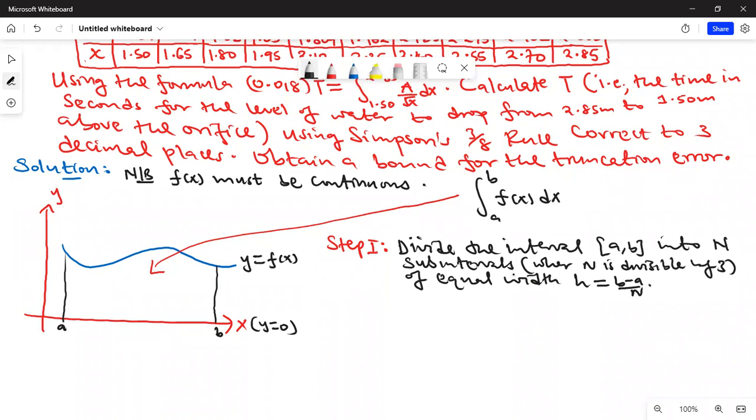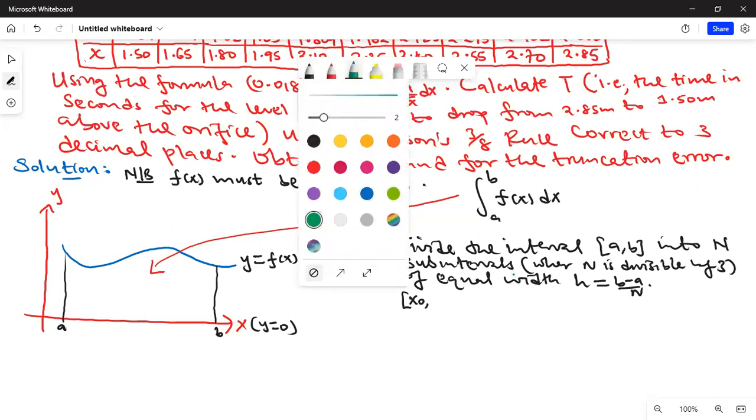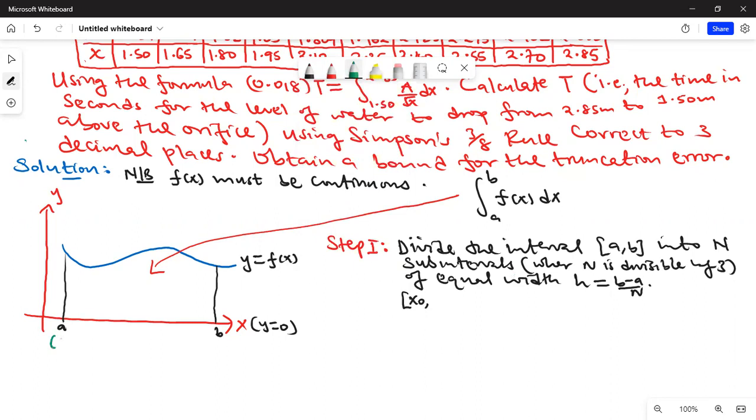So what are the subintervals? Let me first of all divide so that we see what's going on. Remember, when we have a, that is the same as x naught, and when we have b, it is the same as x n. So we are subdividing into very, very thin strips. Remember, we are going to be picking 3 strips at a time. Again, you subdivide 1, 2, 3.